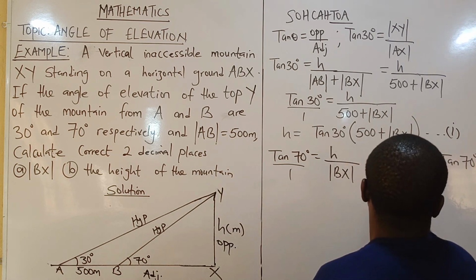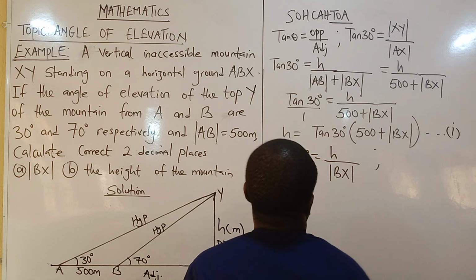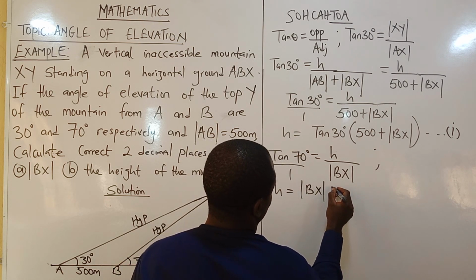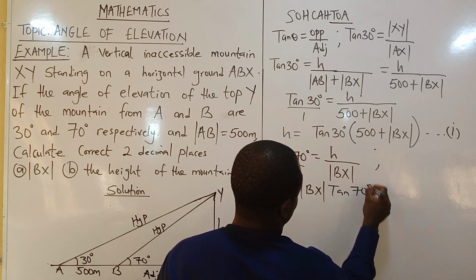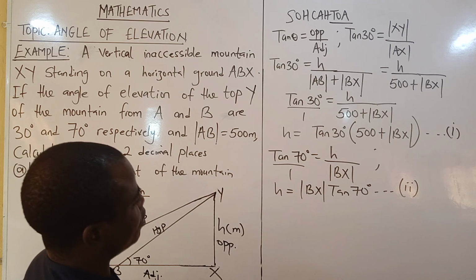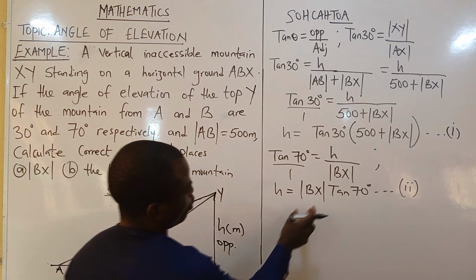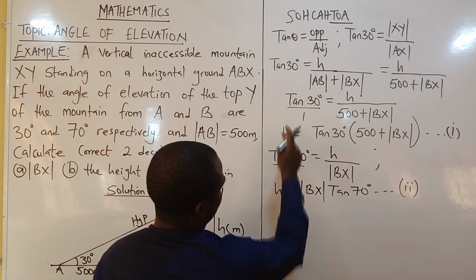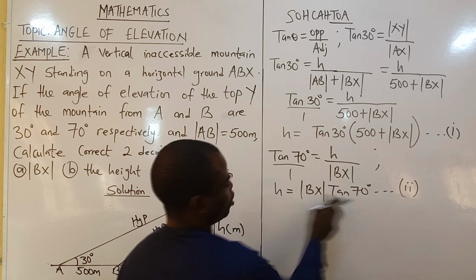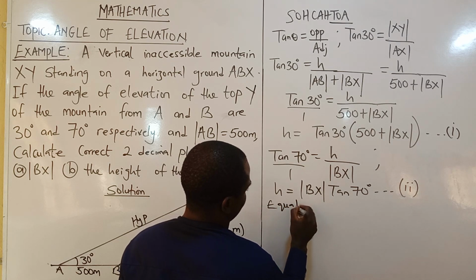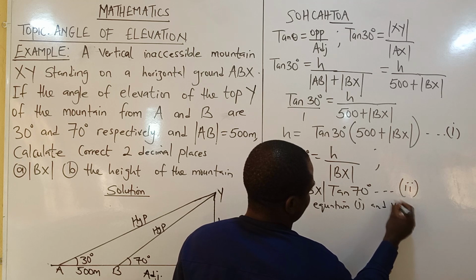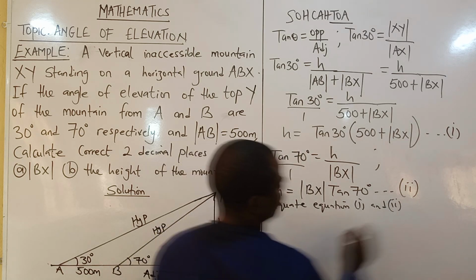Okay, let's put it down for clarity. We cross multiply, we are having H equals line BX multiplied by tan 70 degrees. Equation 2. Because we are looking for BX, since H equals this expression and H also equals this expression in the second equation, we can now equate equations 1 and 2 together.